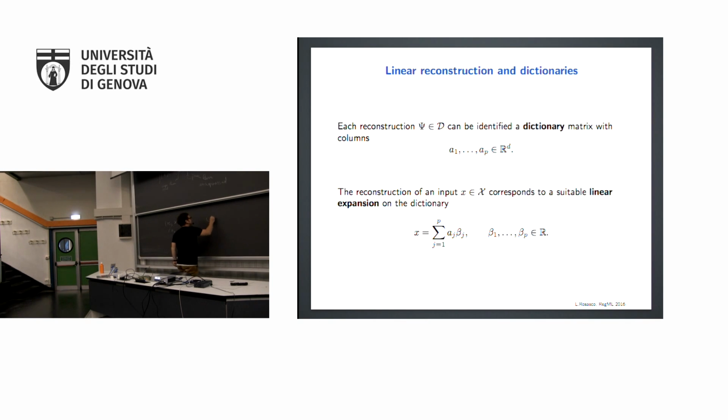When you apply psi to beta, you just get the sum of A_j beta_j, where P is the size of the dictionary. Okay, this is just because it's a matrix, it's linear. So psi becomes just a dictionary. Does that make sense?